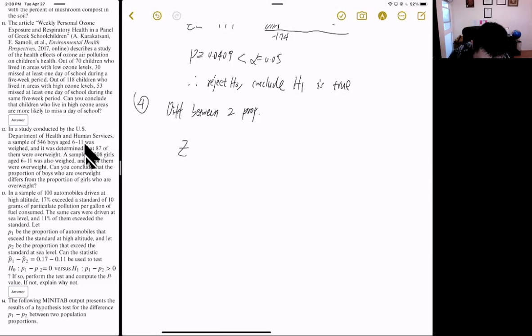The z-score uses the sample proportion for x, the sample proportion for y, and the pooled proportion, then nx, the sample size for x, and the sample size for y.